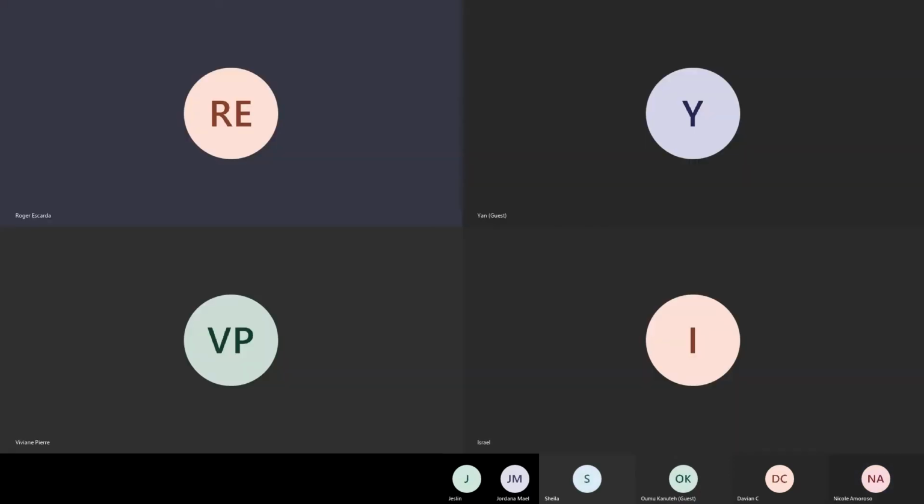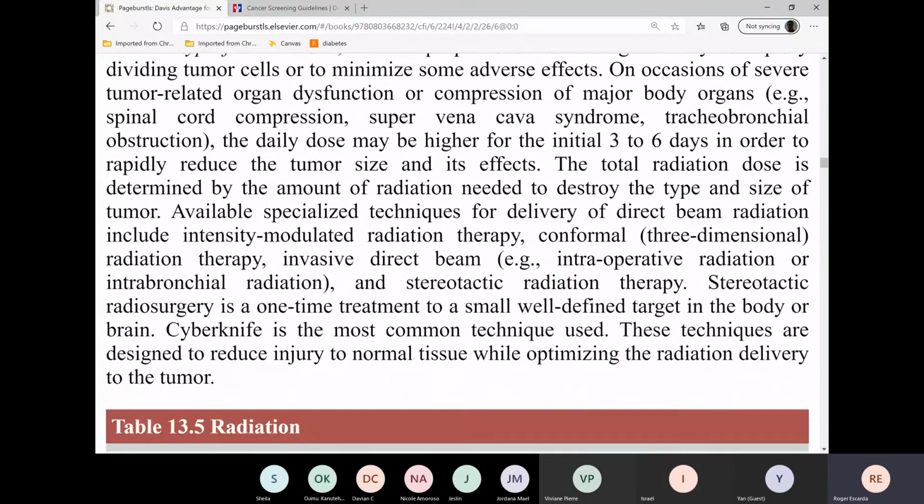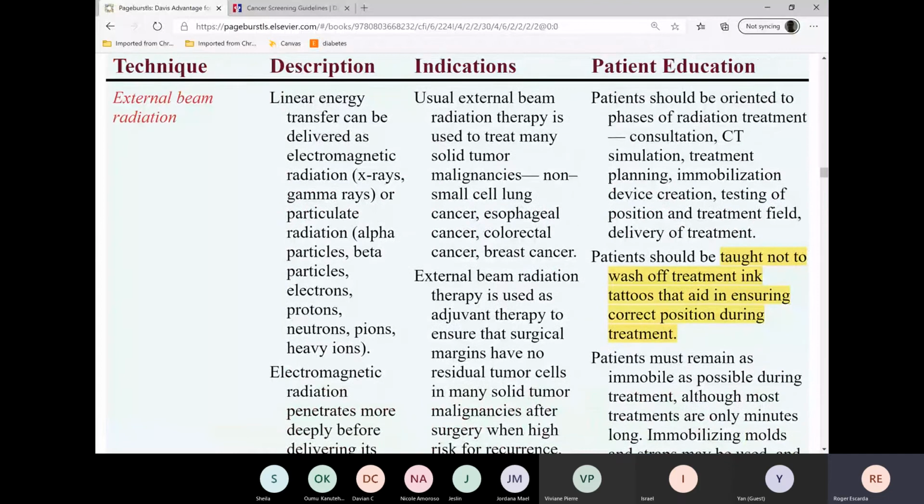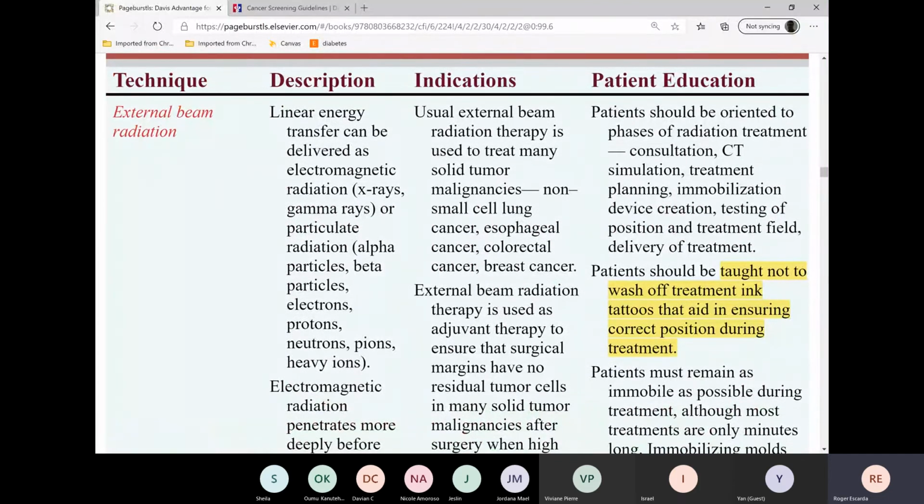Okay, so that's radiation therapy. Please read these on your own. These are the nursing responsibilities. I'm not really going to test you on the second and third columns.